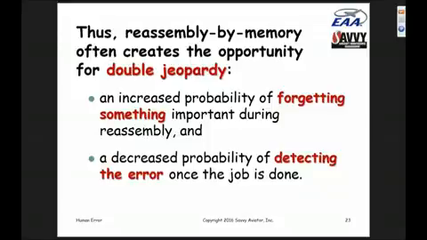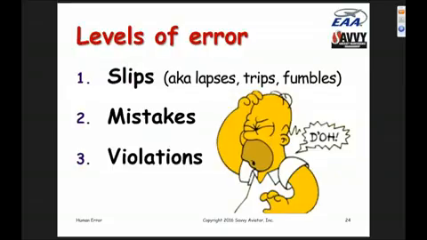But at this point, I'd like to change the subject a little bit and talk about levels of error. There are basically 3 levels of error that can be made in the maintenance process. One that I refer to as slips, also known as lapses, trips, and fumbles. The second known as mistakes, and the third violations. And let me define each of those.